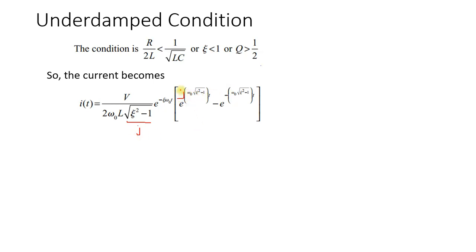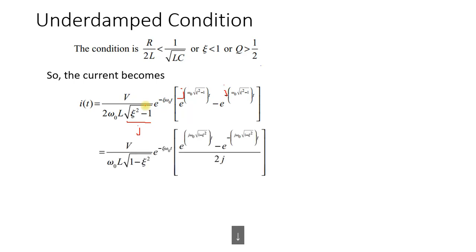Similarly, here also the j term will be present. So if I take the j outside and replace zeta square minus 1 with 1 minus zeta square, there is no change in the corresponding equation, I only rearrange it. Here this 2 and j are taken inside, there is no change in this equation. Similarly, here also the j term is present and zeta square minus 1 is changed into 1 minus zeta square.